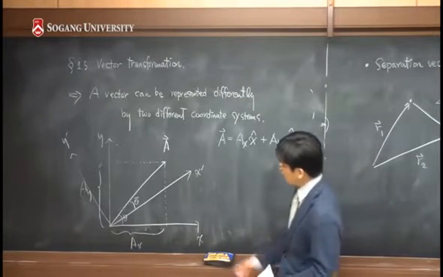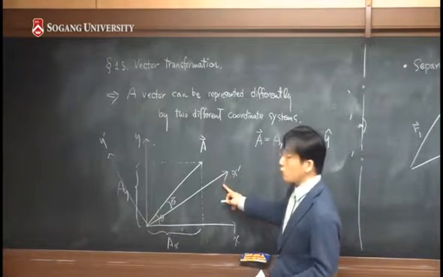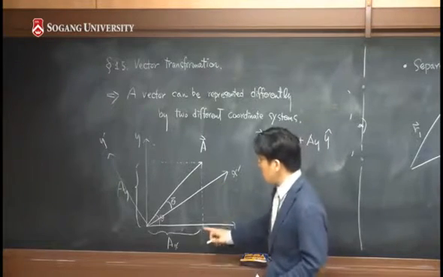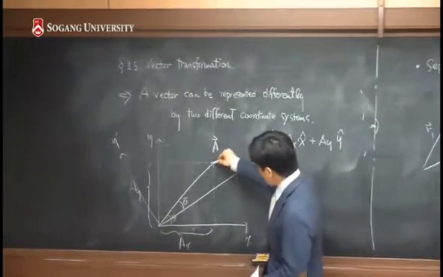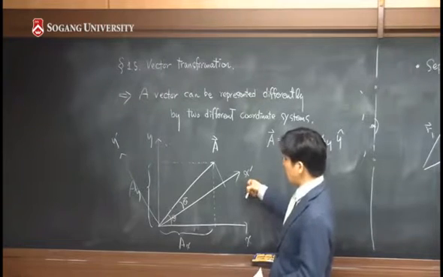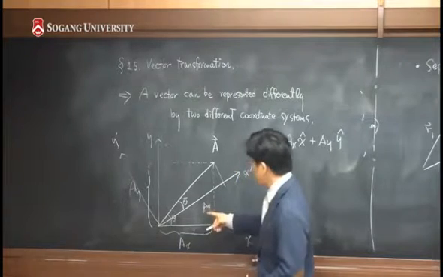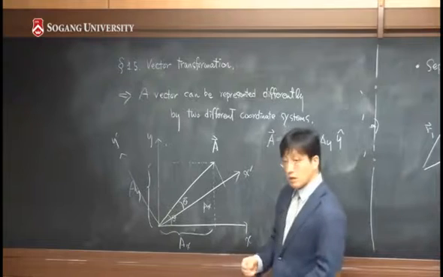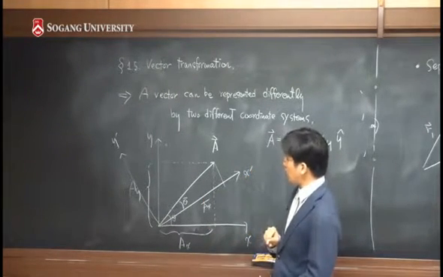Then the component expression of this vector a in a different coordinate system should be different from the component expression in the other coordinate system, because the x-axis direction is now not x but x prime, so it should have this length rather than this length, which we will call ax bar.